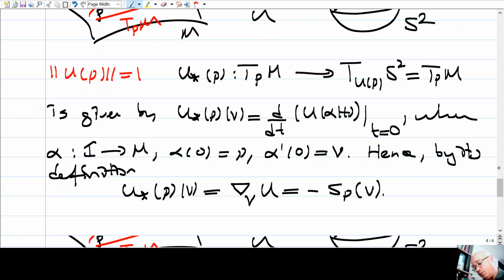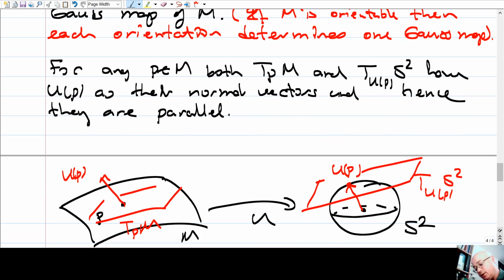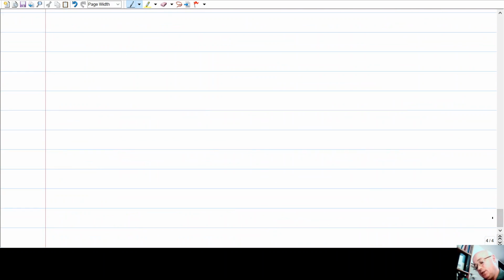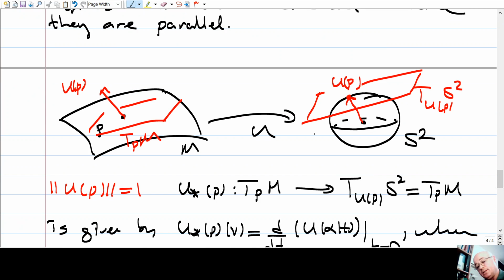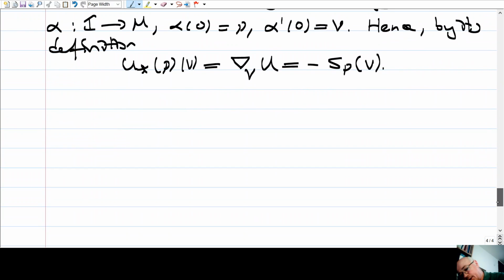So the shape operator is actually nothing but the derivative of the Gauss map. This is the Gauss map, which takes a point to the normal vector at that point. And the shape operator is the derivative of this.